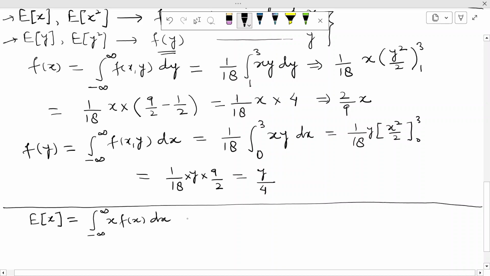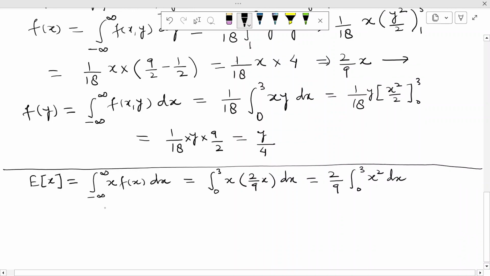Because we are integrating with respect to x, the limits for x in this particular problem are 0 to 3. Now with our fx, which we obtained as 2 by 9 x, and this is dx, this will be 2 by 9 integration x square dx.